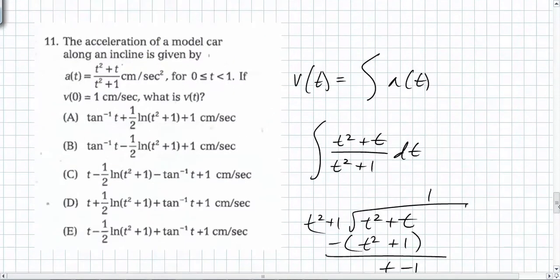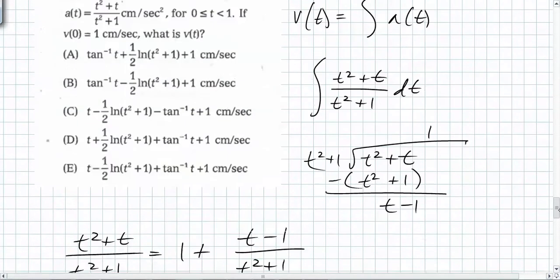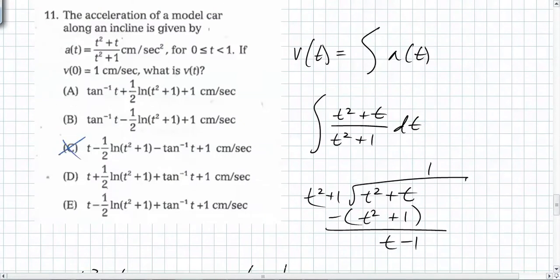Now we just need to check, is that answer actually there? Which one is it? Can you find it? They all look so similar, huh? First of all, we're not subtracting it, we're adding it. So that one's gone, that one's gone. Is it E?